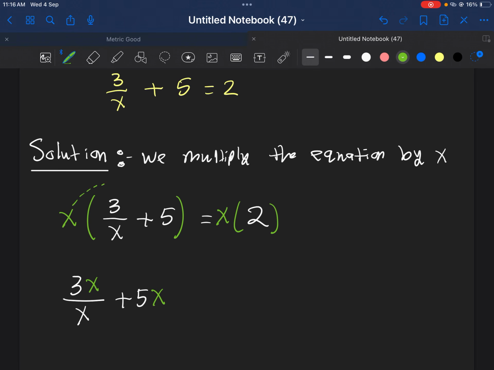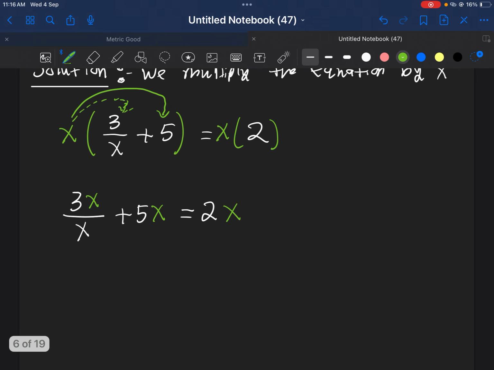Remember, this will multiply by this, and this will multiply by this, equal 2x. Now there is cancellation. The x gets cancelled, so what we get is 3 plus 5x equal 2x.